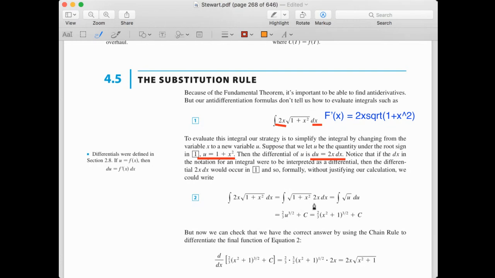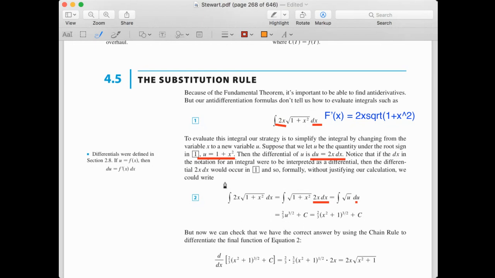Now we can apply the power rule for antiderivatives. u to the half: we add 1 to the half, get 3 halves, and we divide by 3 halves, which is the same as multiplying by 2/3.